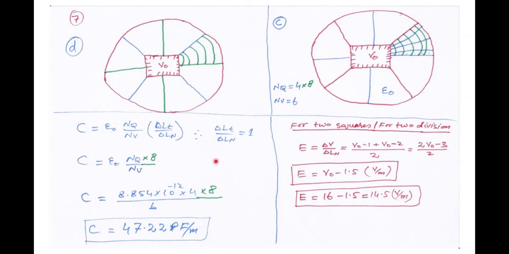So using the curvilinear square map method, or graphical method, you can easily determine the capacitance in between two conducting boundaries, and you can also determine the value of the E field and D field.